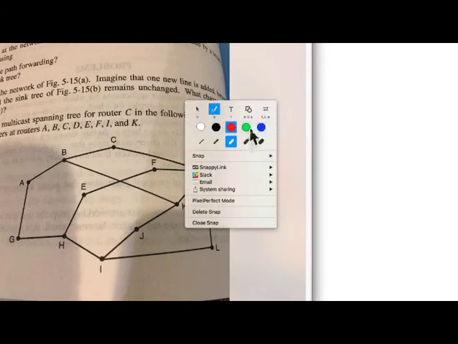So let's go and take care of that first. So it says the group contains members A, B, C, D, E, F, I, and K. So that is A, B, C, D, E, F, I, and K.